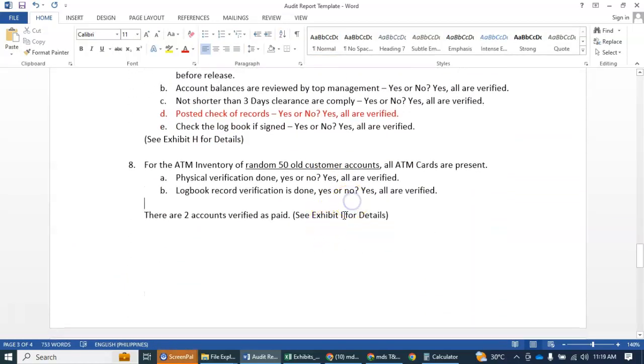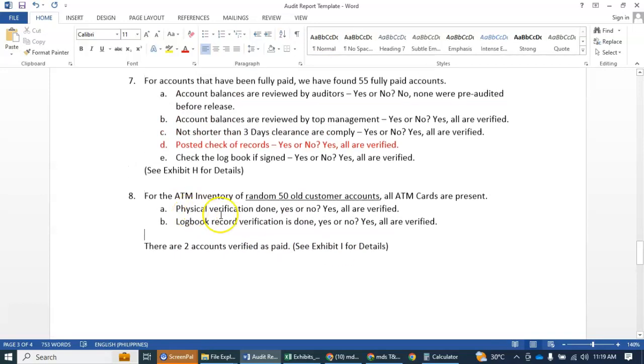So here, what we are evaluating is the 50 old customers. We verify the physical cards, and if we cannot find them, then we identify that in the logbook, whether the logbook shows that they are released and properly handled. Okay, so that's it.